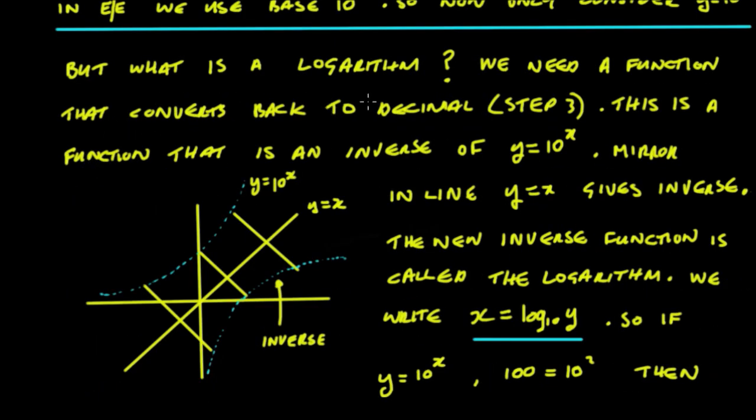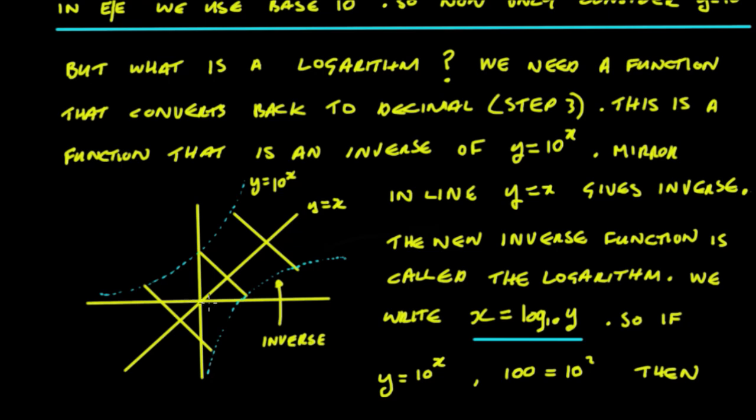So what is the actual logarithmic function? What does it look like? Well, we need a function that converts back from the logarithmic form to the decimal form. So this is really step 3 we've seen in the last page. So that's an inverse function. So if we had a function, say y equals 10 to the x, in order to get the inverse, what we do is we reflect it in the line y equals x.